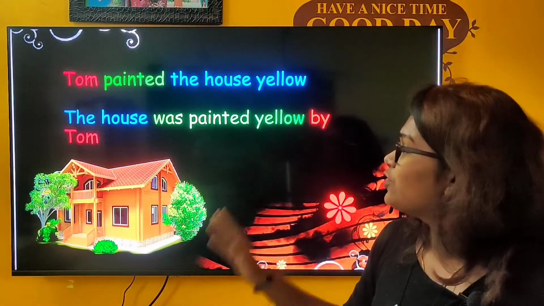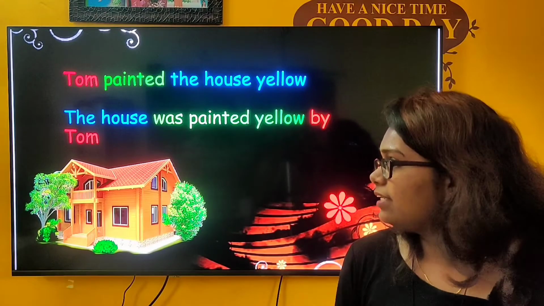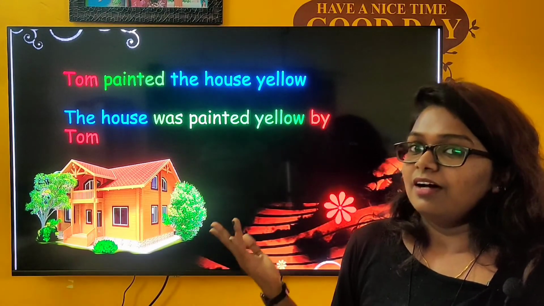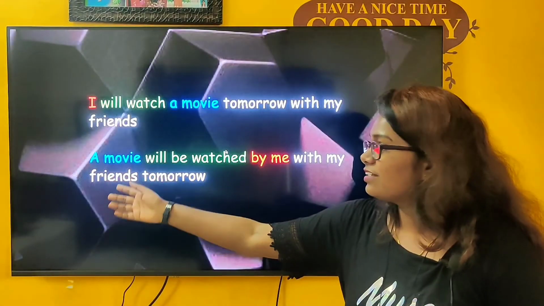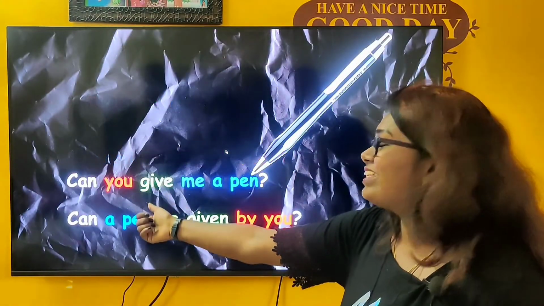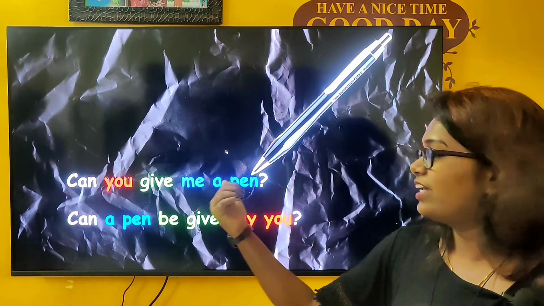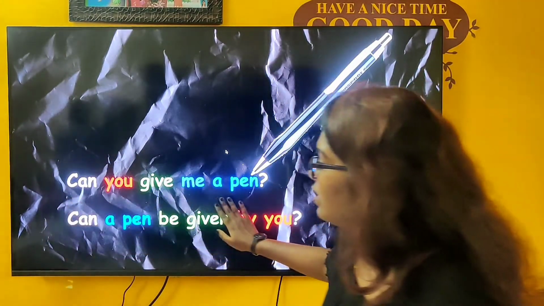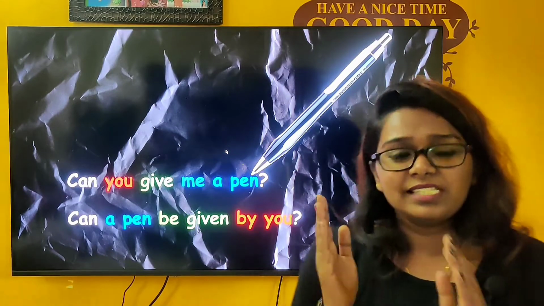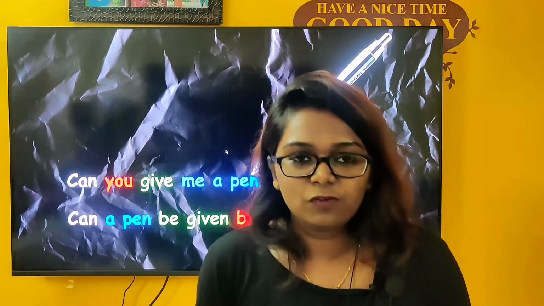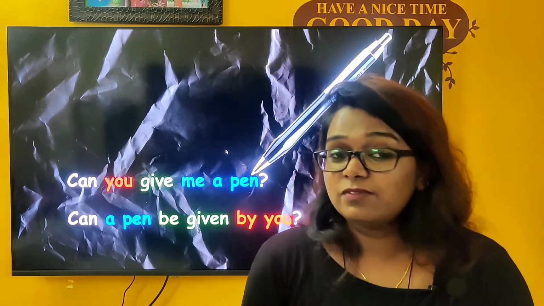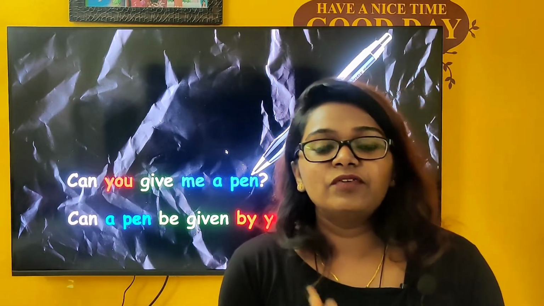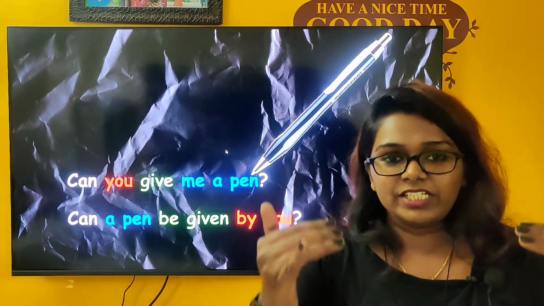The next example is, can you give me a pen? It's in a question format, an interrogative sentence. So when we change from active to passive, we first have to change it from question to answer format.